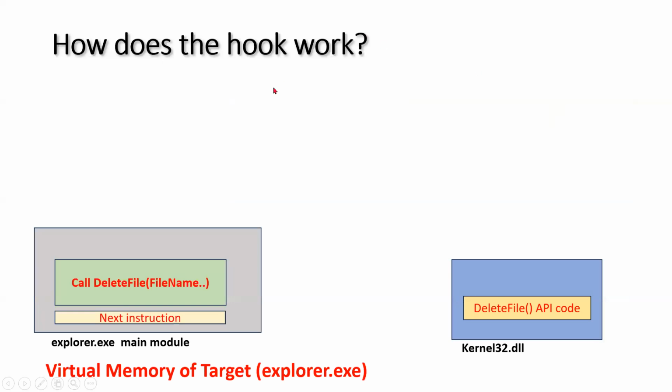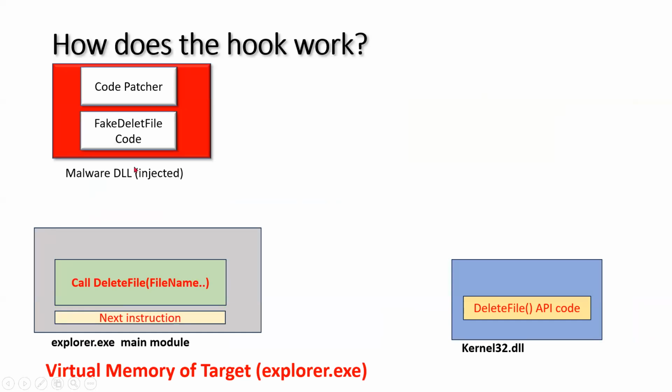Now, how does this hook work? This is our explorer.exe main module, inside which the call to DeleteFile is there. The malicious DLL is injected within the virtual memory of explorer.exe. And here is the original DeleteFile, which is inside kernel32.dll.